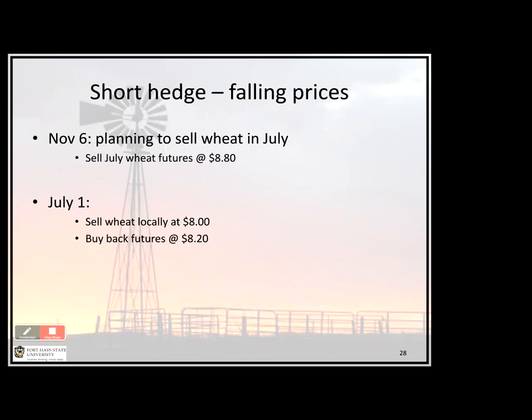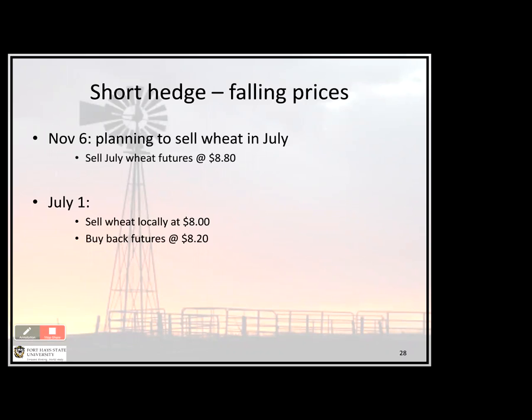The other way to figure it is by looking at 880 here, taking your initial hedge price, your futures price, 880, and adding to that the actual basis. And you already told me actual basis ended up being 20 under, which is negative 20.